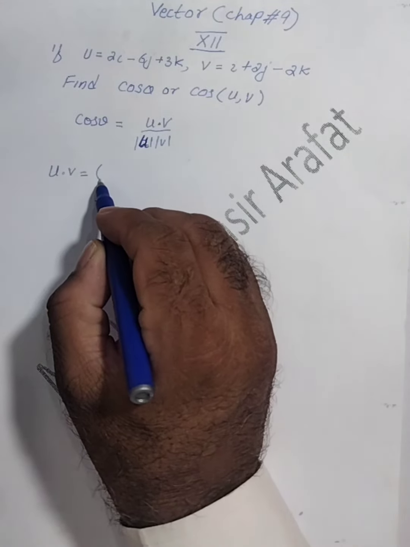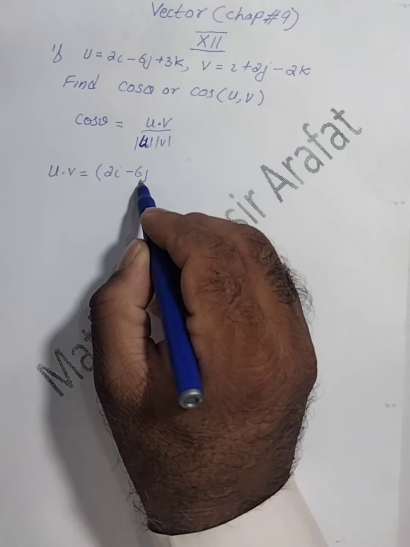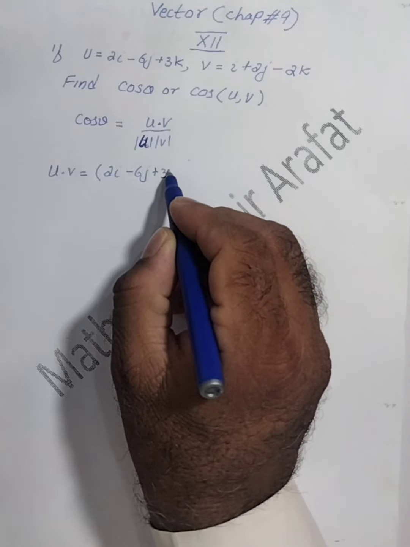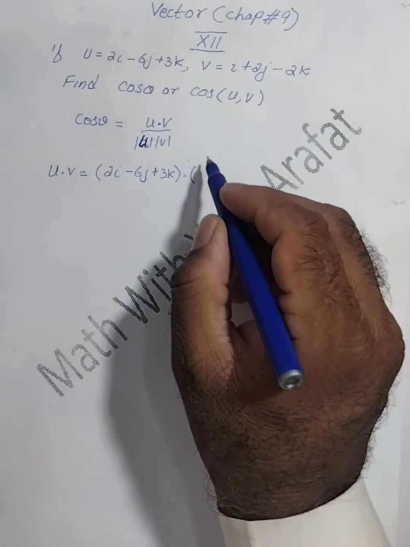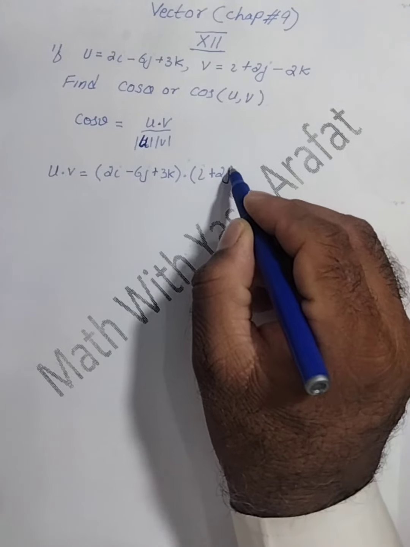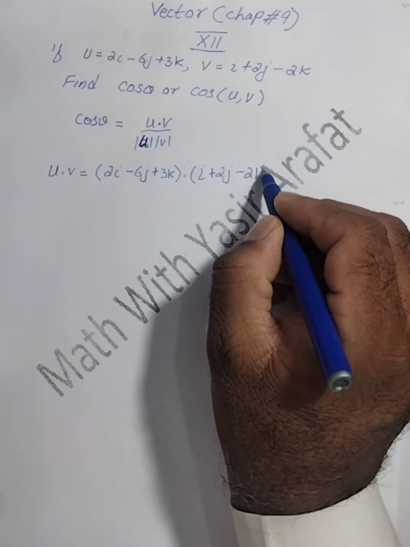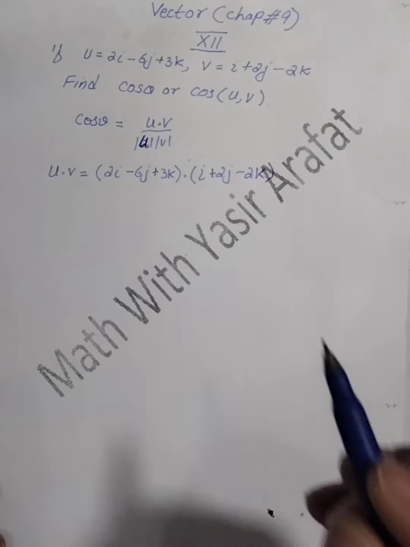So the vector u, the dot product of the vector v, that is i plus 2j minus 3k. So this is the dot product here.